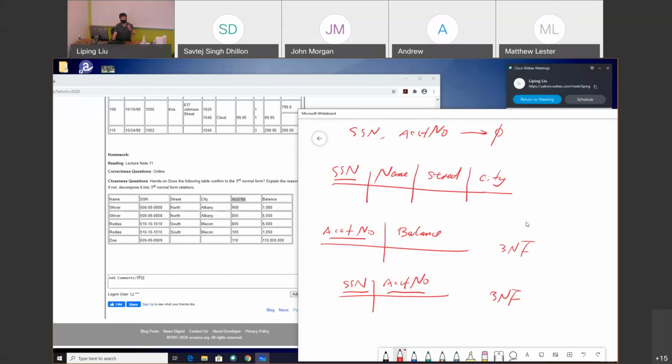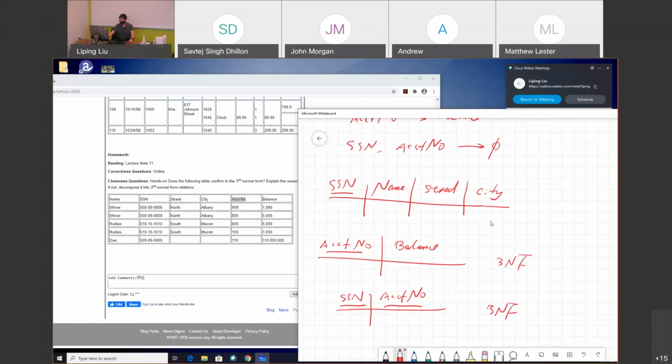The shortcut is if a table has only one or no non-key columns, then third normal form is guaranteed, if it's already second normal form to begin with. You have to have second normal form first, and then check whether you have only one or zero non-key columns. So in that case, these two tables are already third normal form.